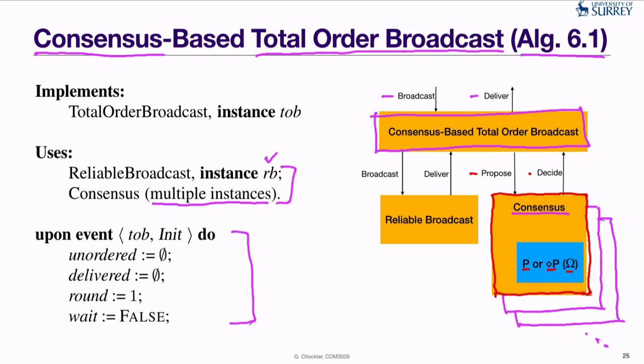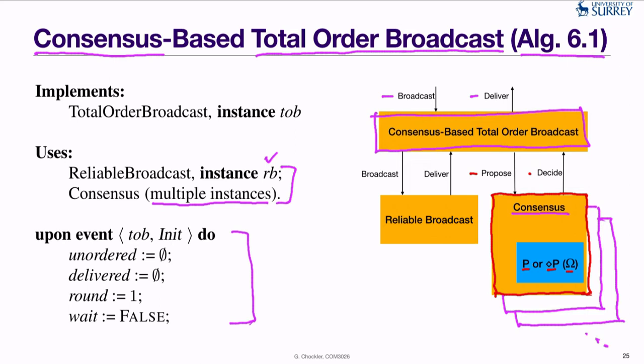As regards the state, the state has four variables. Unordered and delivered are sets of messages. Unordered is the set of messages that have not yet been ordered, and delivered is the set of messages that have already been delivered.